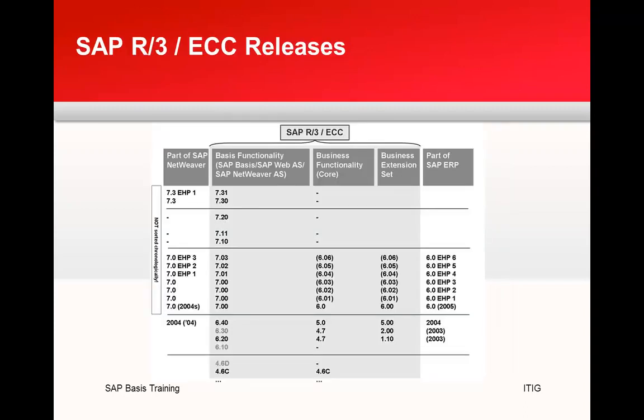Here we are showing the different releases of SAP, right from 4.6C, then 4.6D, 6.1, 6.20, 6.30, 6.40, then 7.0, then 7.01, which is 7.0 EHP1, 7.0 EHP2, 7.0 EHP3, after that 7.1, 7.1 EHP1, 7.20, 7.30, then 7.30 EHP1.